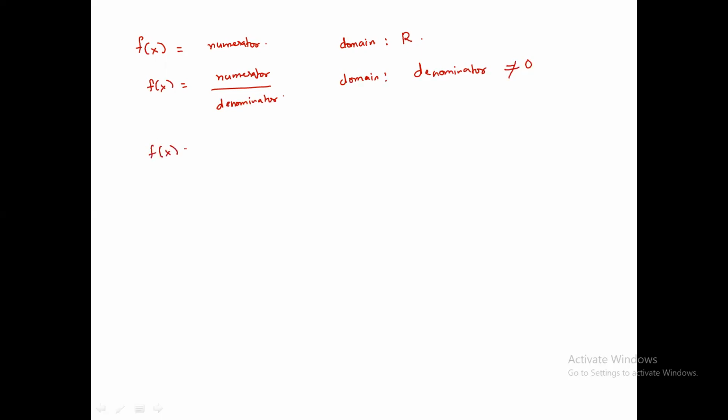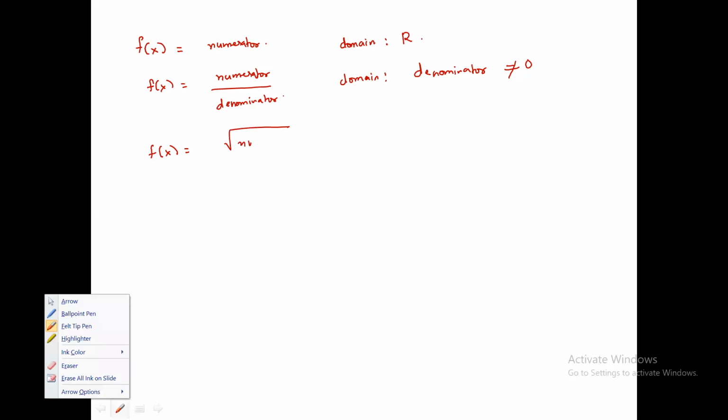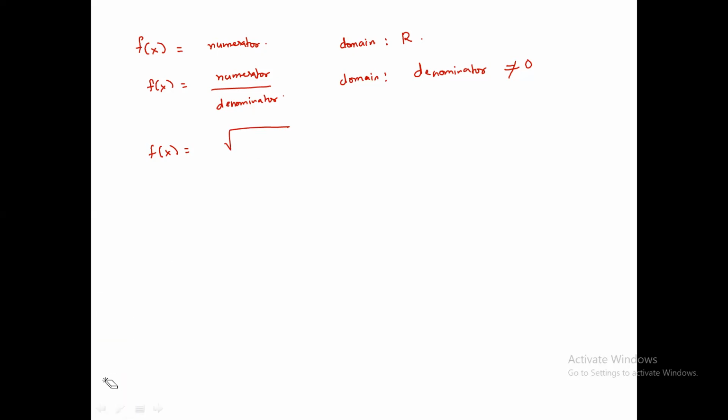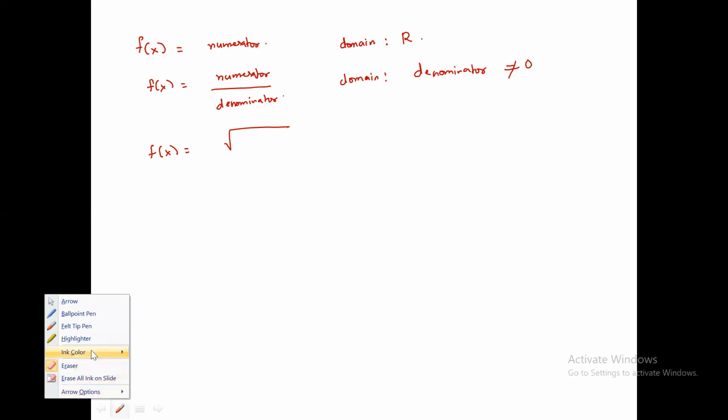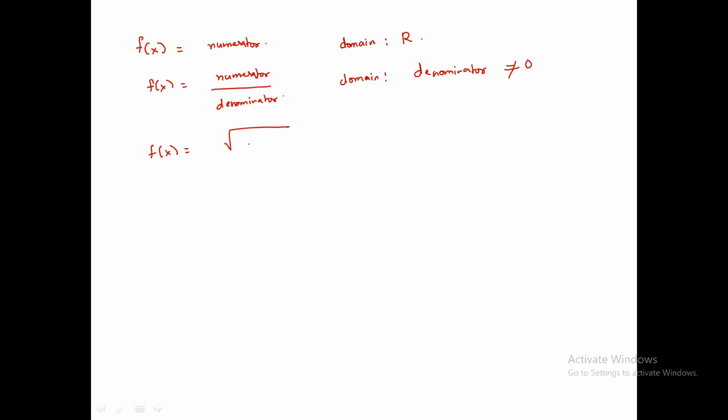Next, if the function has a square root of something, I will take the square root of n. So when you find the domain, you have to take n to be positive or zero, but not negative.